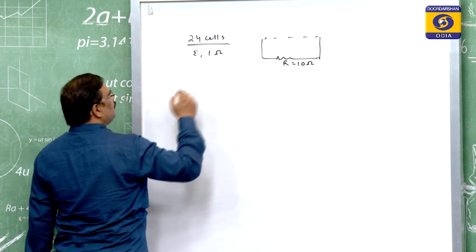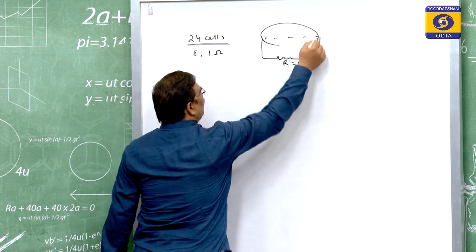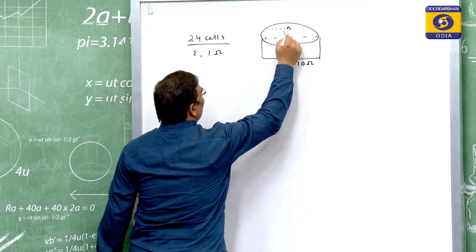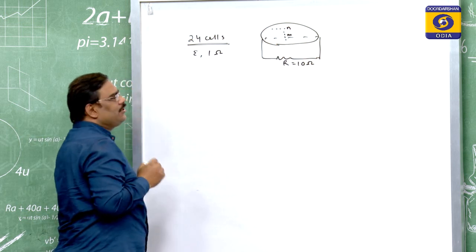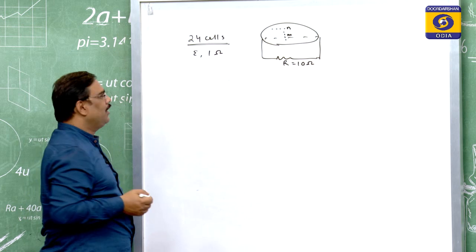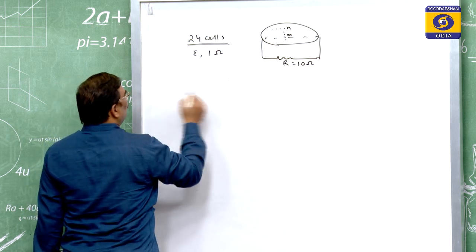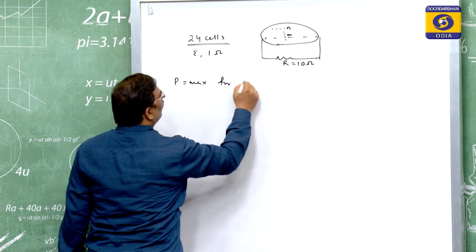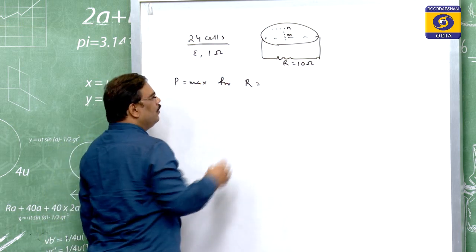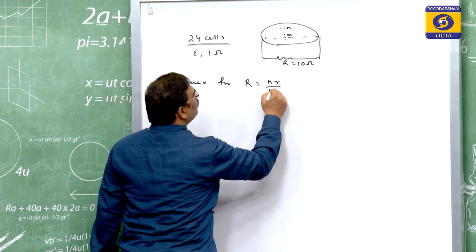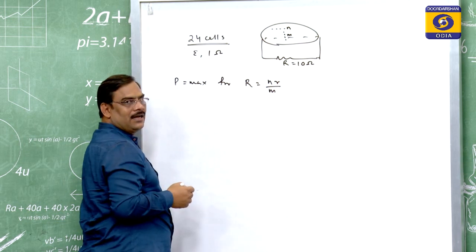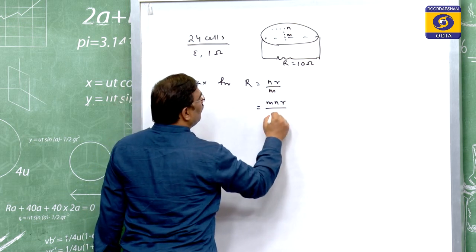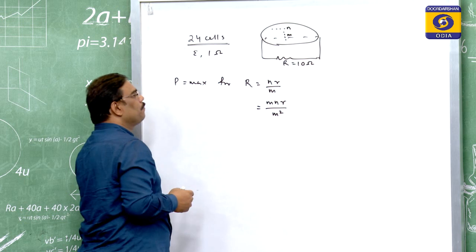We know that if these 24 cells are connected such that there are n number of cells in series and m number of such series combinations in parallel, then power P is maximum for R equal to nr by m, or we can say it is mnr divided by m square.